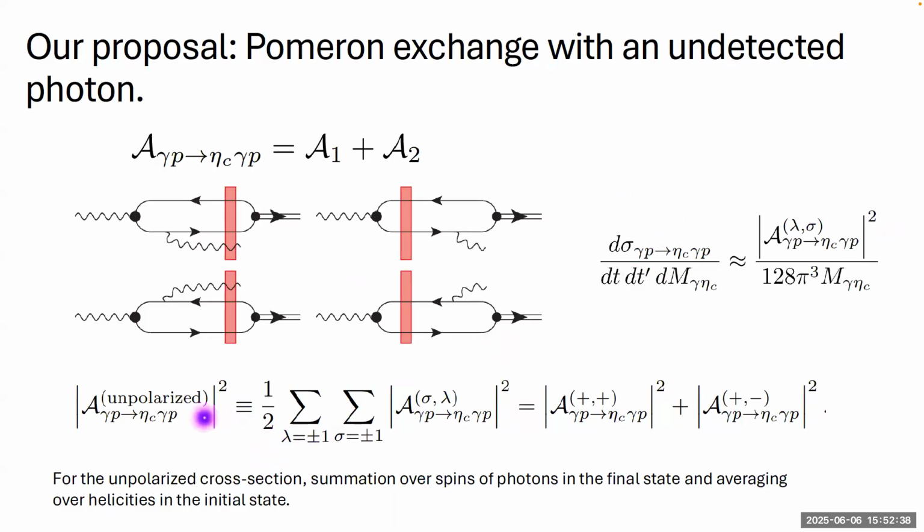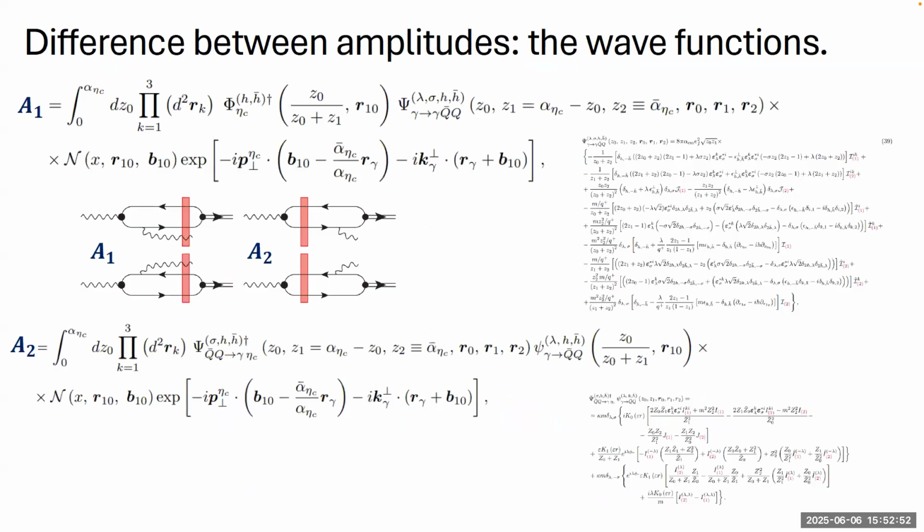Here you have the cross section, then you have to sum over the spins of the photons in the final state, and average over helicity in the initial state. What is the difference between amplitude 1 and amplitude 2? It is only the wave function. This is the last part, the wave function of the eta C production that is published in the literature.